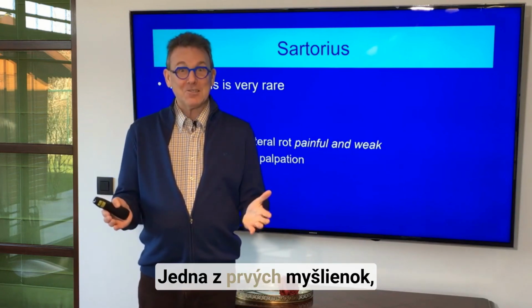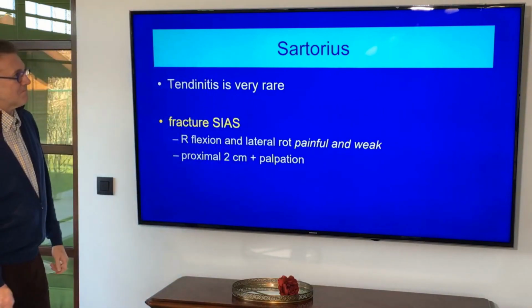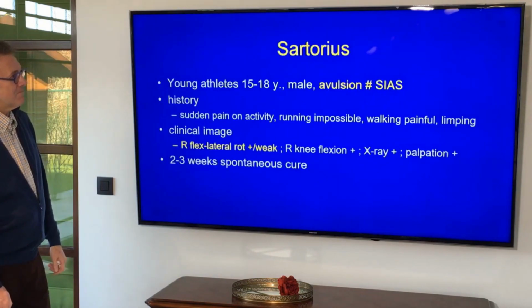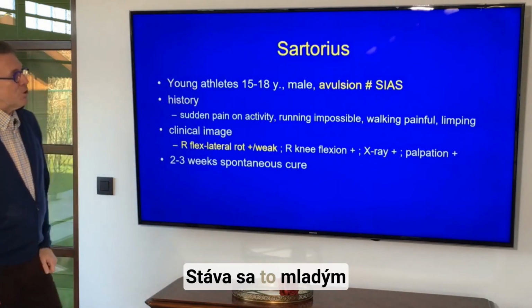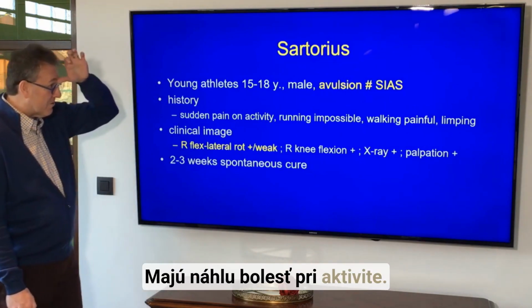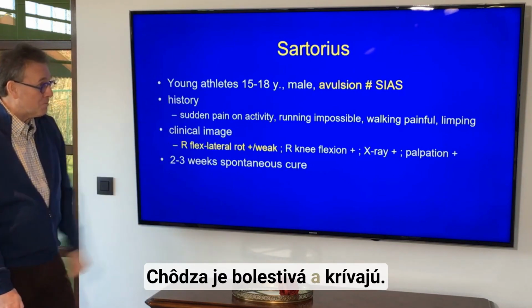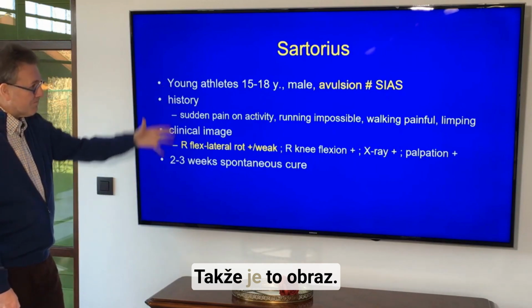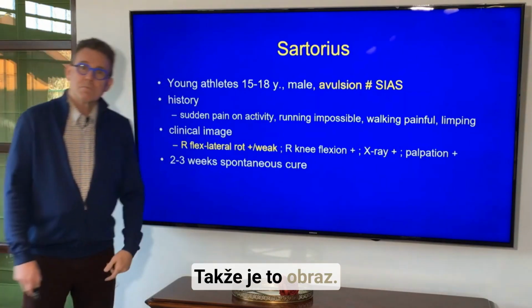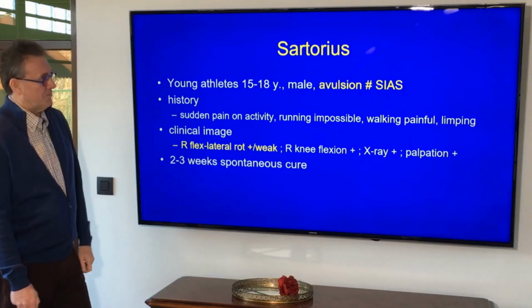One of the first ideas, this is a fracture, okay? Happens with young athletes, it's an avulsion fracture. Yeah? They have sudden pain on activity, running becomes impossible, walking is painful, and they limp. Yeah? So it's an image that we may not miss.